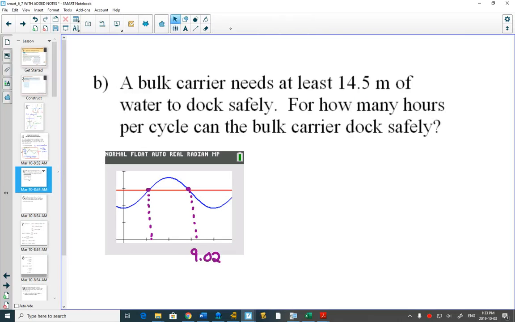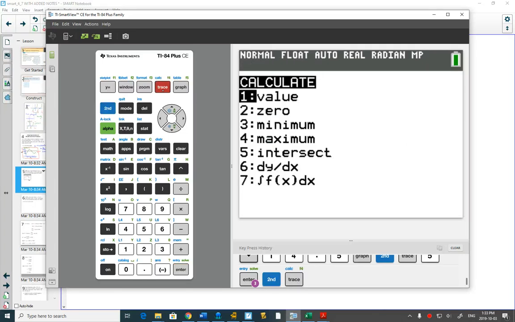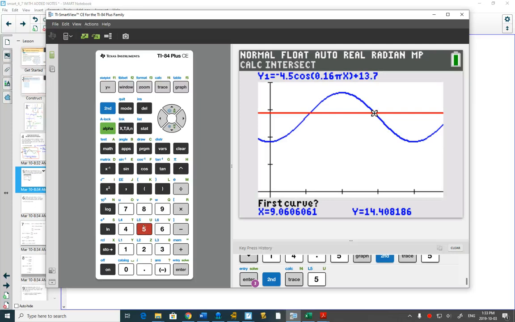If I want to find the other one, I would repeat this process. Second, calculate number 5 where they intersect. But I just have to make sure I use the arrow over keys. So now my cursor is closer to the other one.